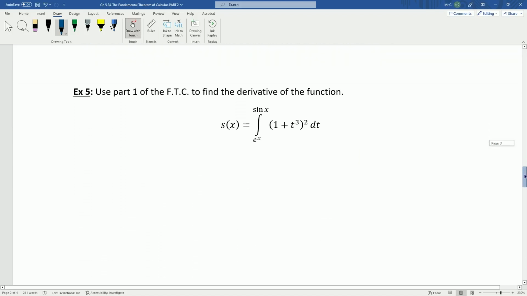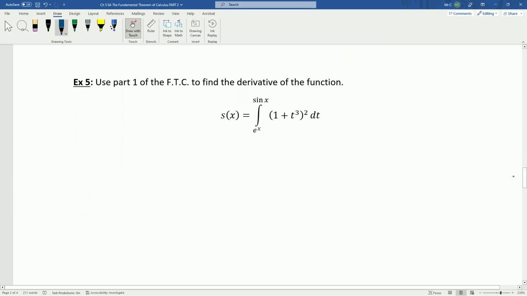All right, now let's take a look at another one. So this one's even trickier, because now we have two functions of x in the upper and lower bounds. So we really got to do a little bit of manipulation here. So I'm going to start by splitting this integral at 0. You could split it anywhere really, but I'm just choosing to split it at 0.